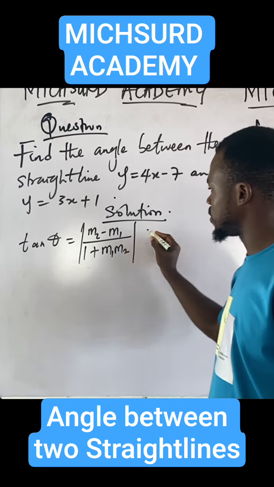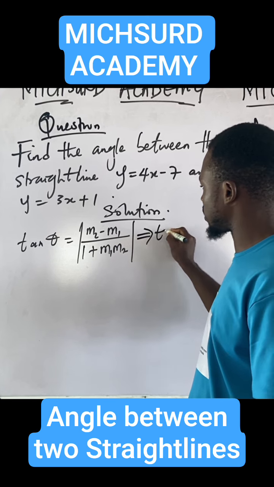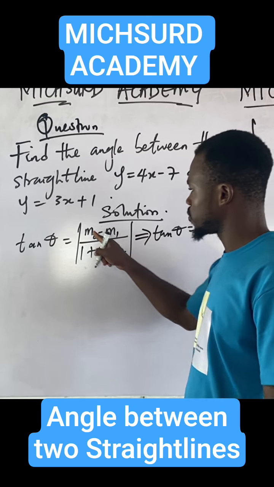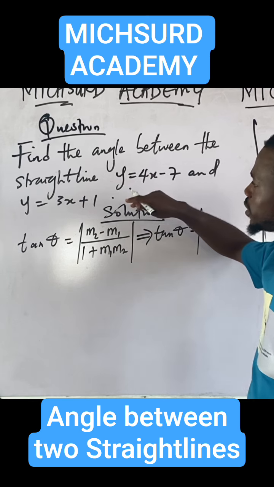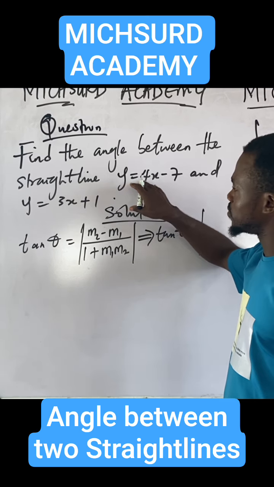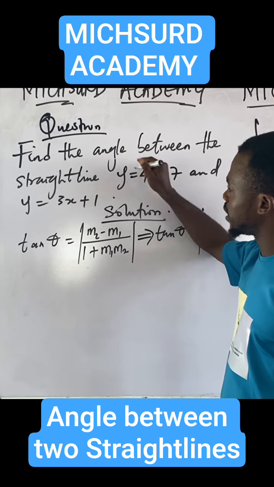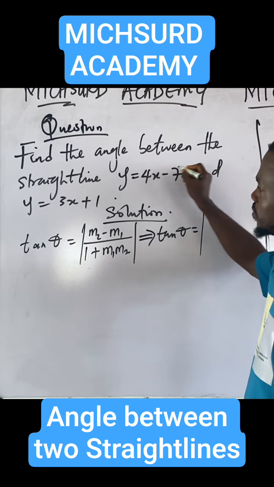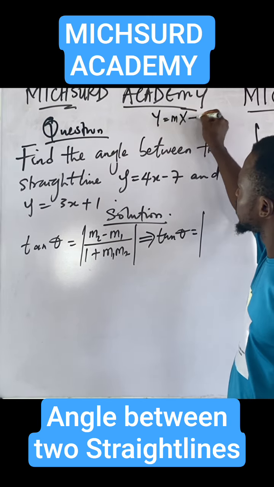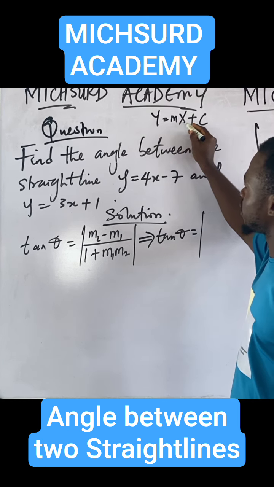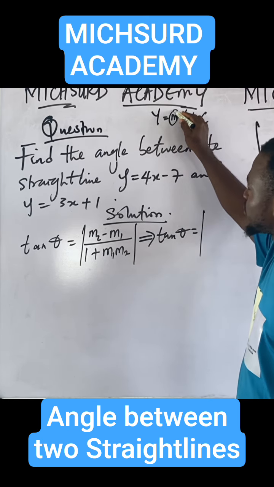When we solve this, we are going to substitute for m2, the slope. So how do we get the slope from the equation? We can watch here. If this is our first equation, from the equation of a straight line, y equals mx plus c, m represents the slope.